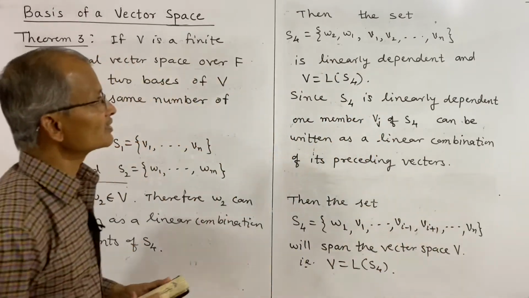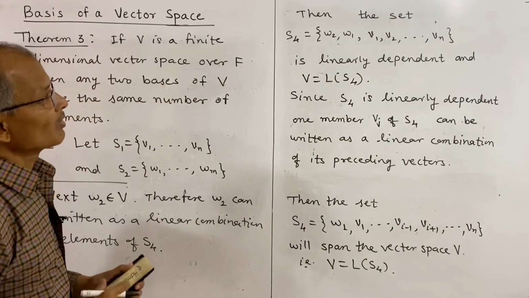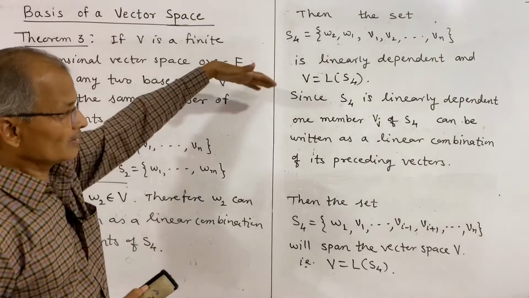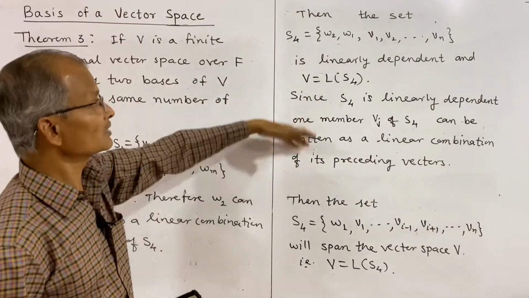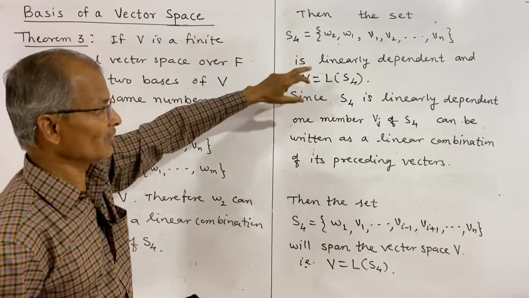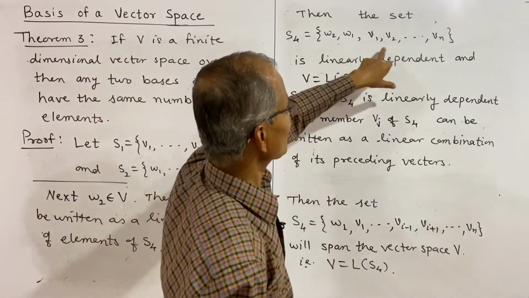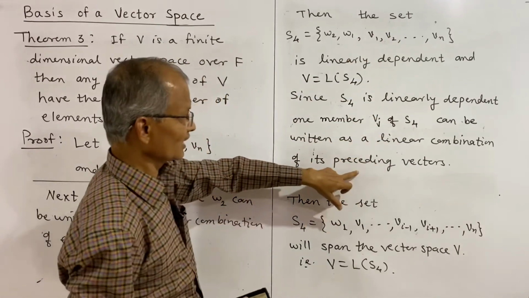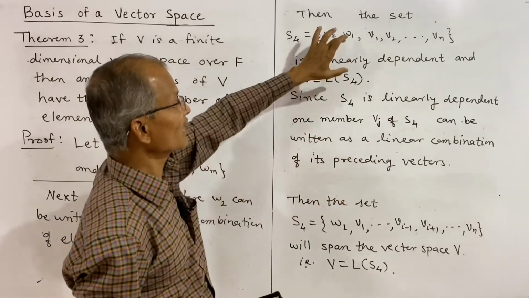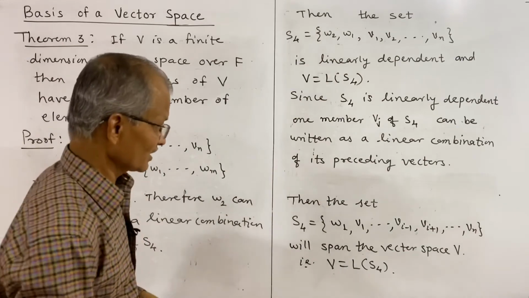The next set will be formed by S5. So after expressing Vj in terms of earlier vectors, that is preceding vectors, we can rewrite the set S4.